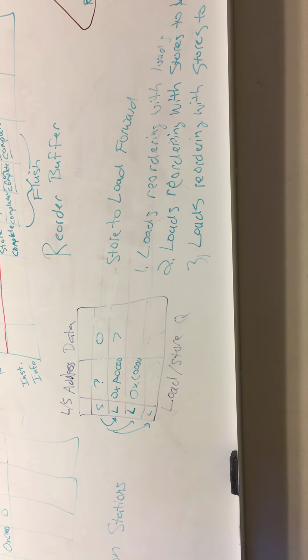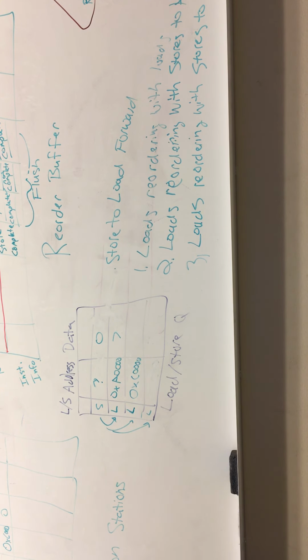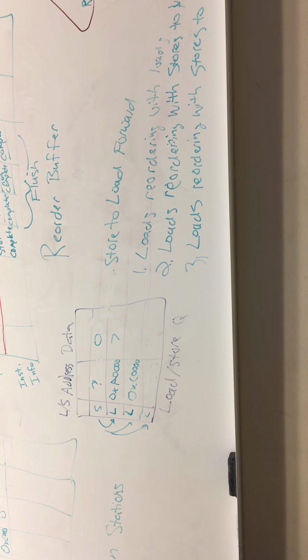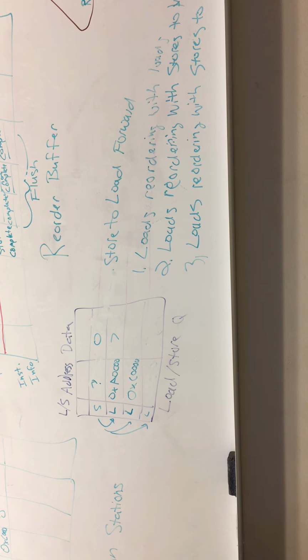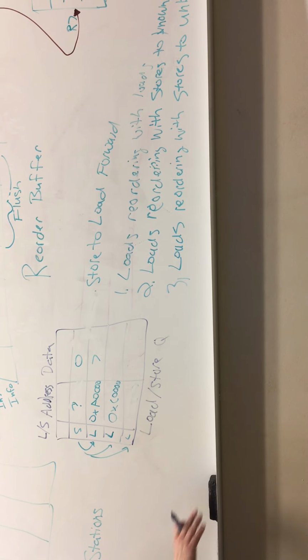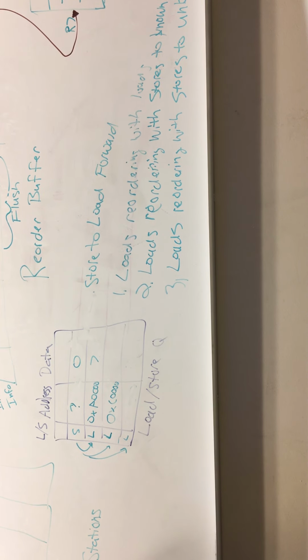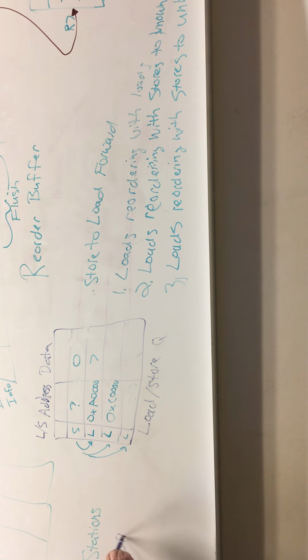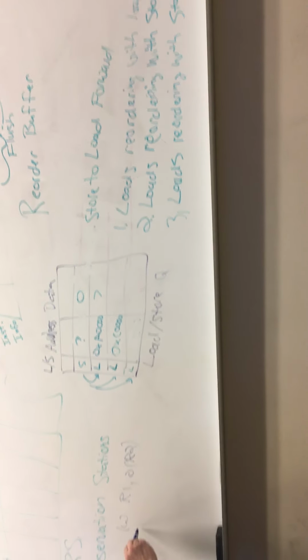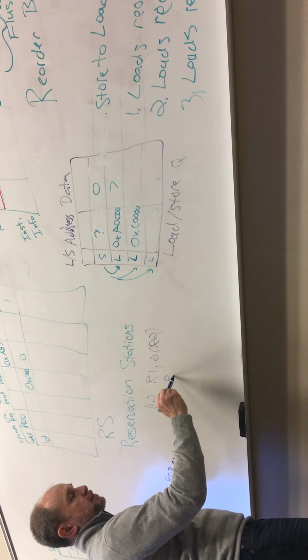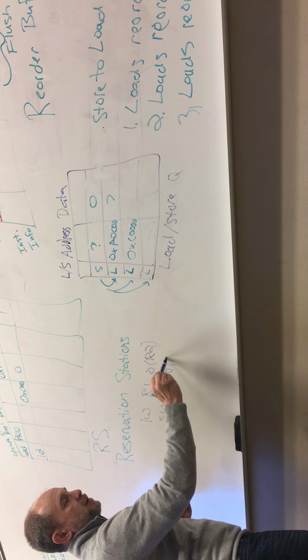How would we get the address of the load for the store? Like, how would it compute? Because maybe we had code that was like, load word, this, and then we're going to store something to the thing we loaded.